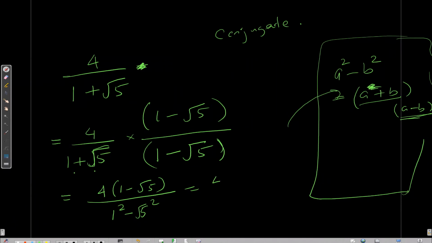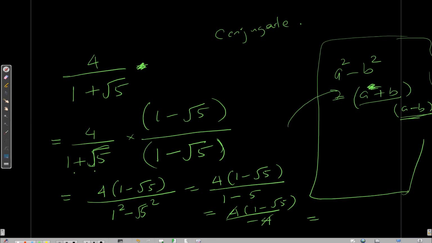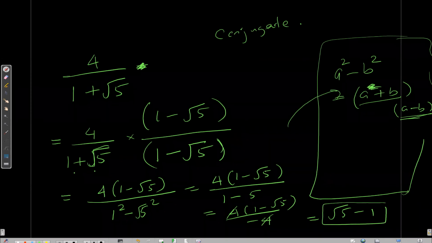So you have 4 times 1 minus root 5 divided by 1 minus 5, which is negative 4. So 4 times 1 minus root 5 divided by negative 4. The 4s will cancel and there's a negative. When you take that negative inside, you get this. And that is the simplest form.